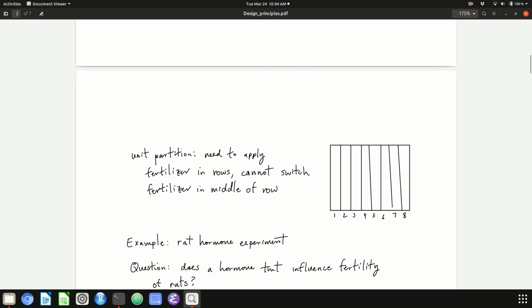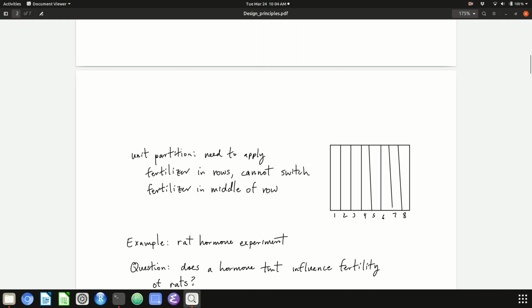So for that reason, you might have a constraint on the experiment that you have to apply the same fertilizer within a row. But at the end of the row, you could switch to a different fertilizer and potentially apply a different fertilizer to the next row.